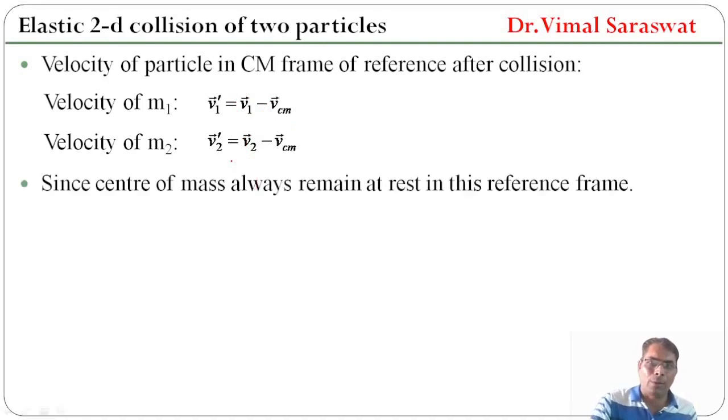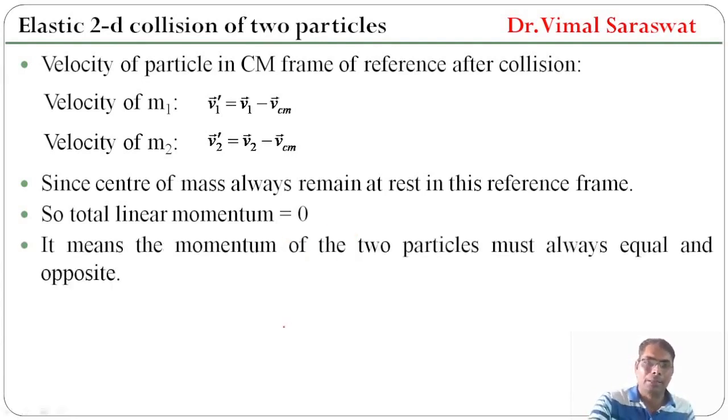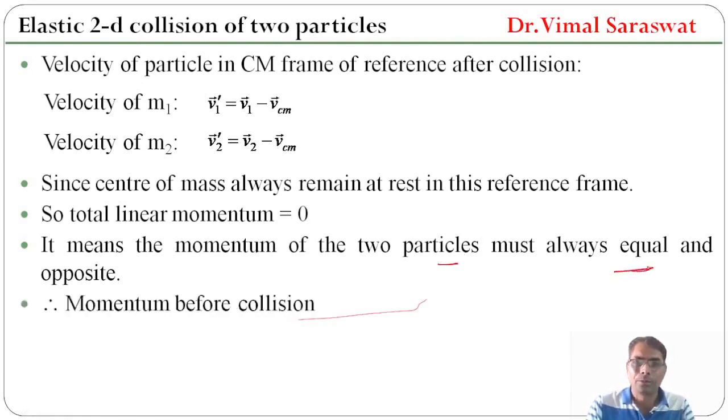Since the center of mass frame of reference always remains at rest, in this reference frame the total linear momentum will be 0. It means total linear momentum before collision and total linear momentum after collision will be 0. It means the momenta of the particles must always be equal and opposite, because total linear momentum is 0. Therefore, momentum before collision, m1 u1 dash equal to minus m2 u2 dash.